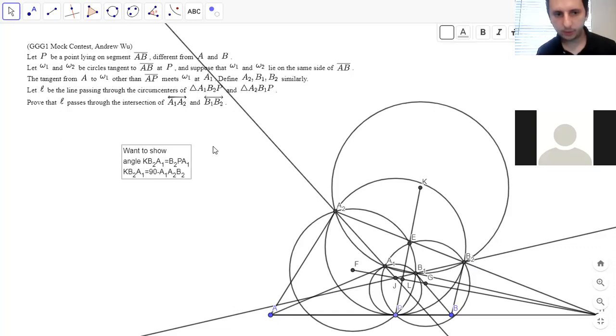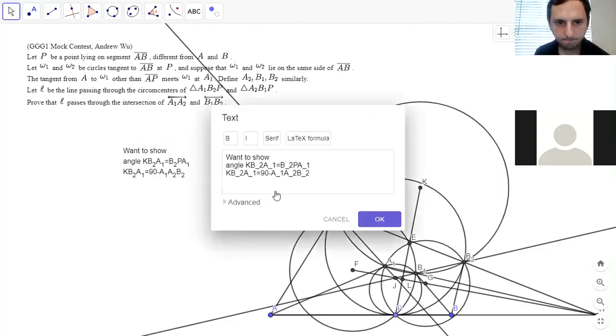Okay, so it seems like it's a pretty easy angle chase, I think, right? Maybe. So we did angle B1 P A1 plus A1 A2B is equal to 90 degrees. Okay.